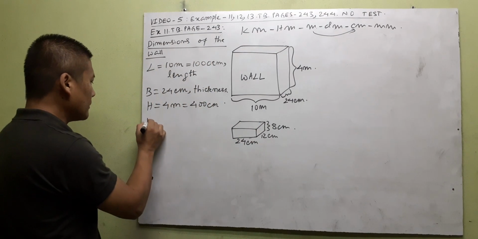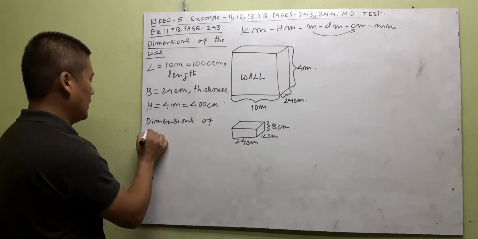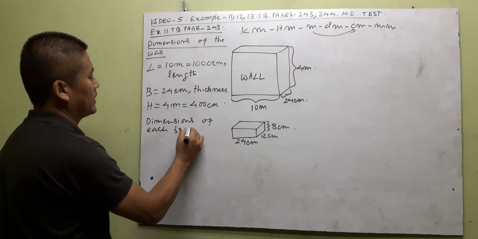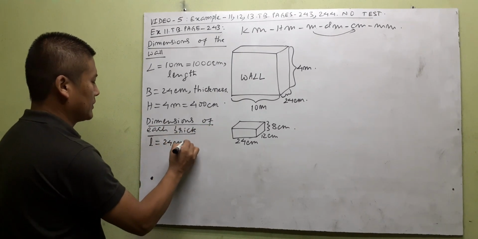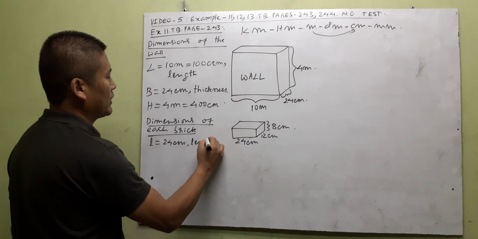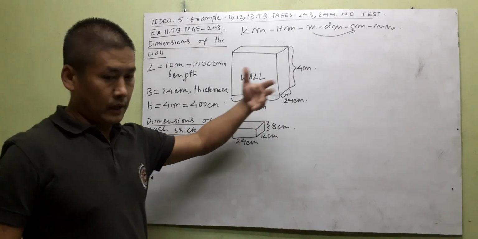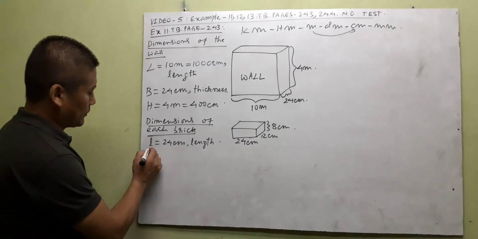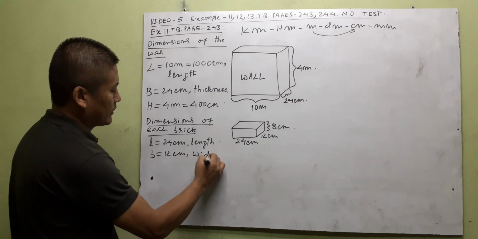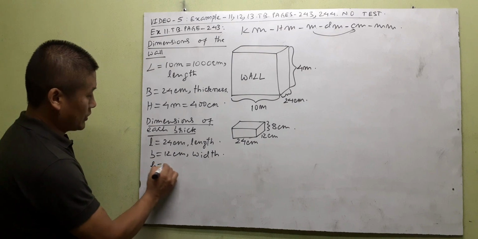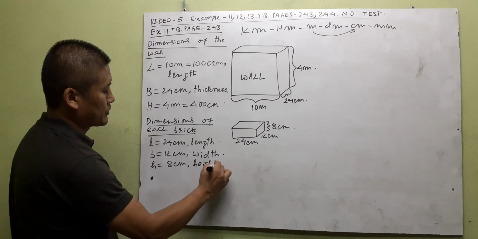So dimensions of each brick: small l is 24 centimeter. That is the reason why we changed this to centimeter, because unless they're in the same unit you can't simplify together, right? Breadth is 12 centimeters, and the edge here is 8 centimeter. This is the thickness or the height of the brick.